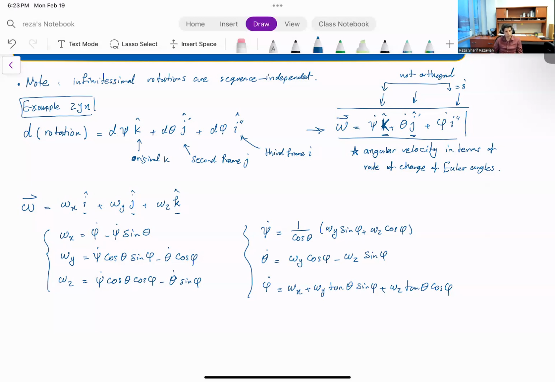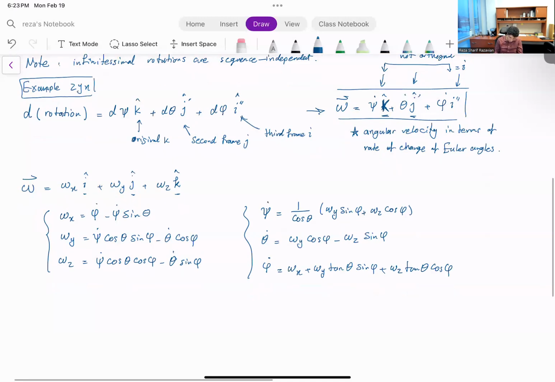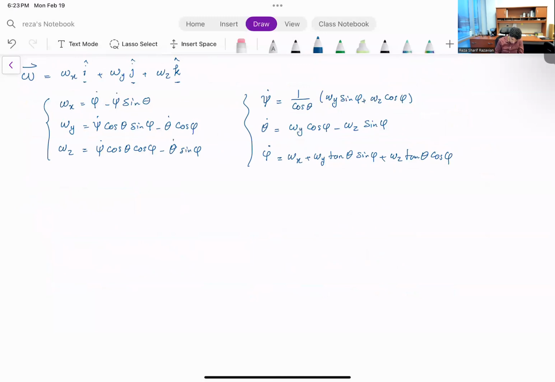So now maybe it's a good time to talk about the biggest issue with Euler angles.